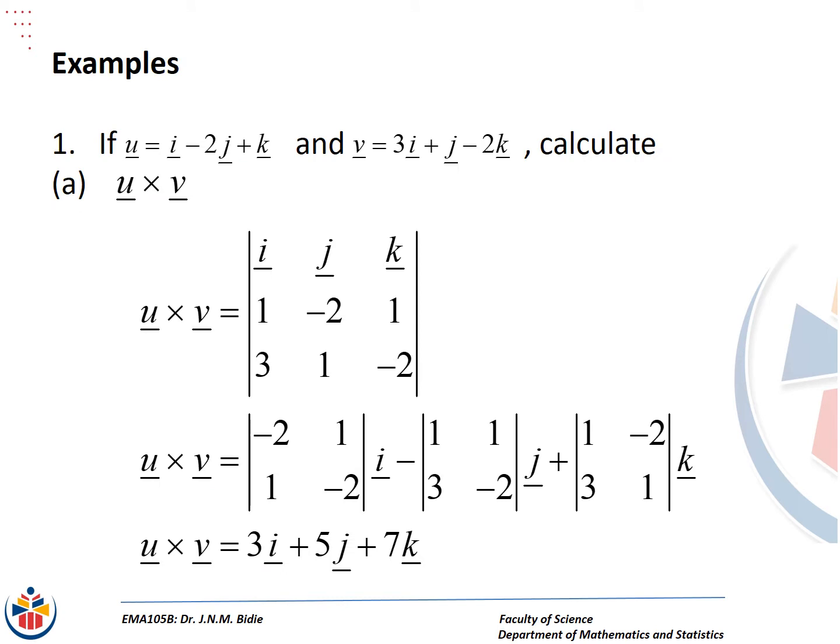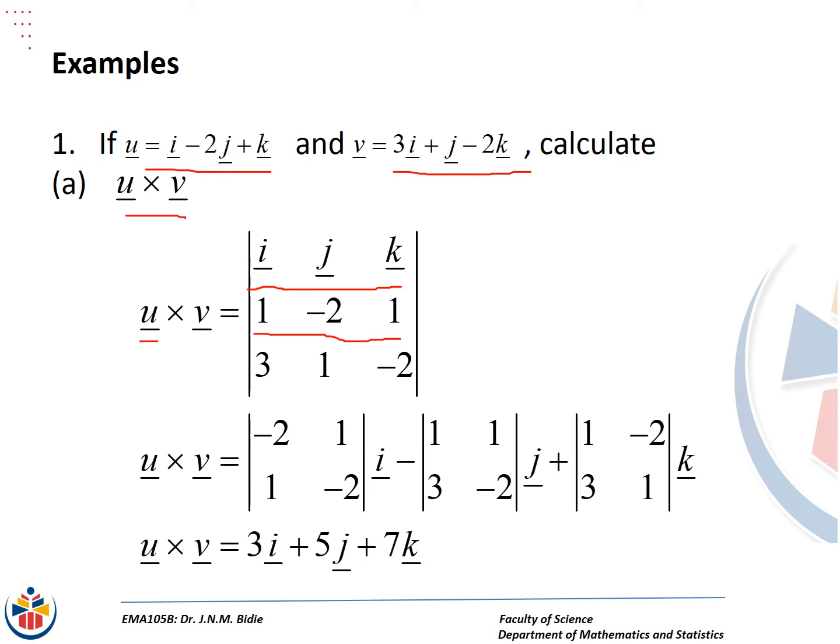Now let's find the cross product of u and v, given that u is i minus 2j plus k and v is 3i plus j minus 2k. Once again, recall the first row of that determinant is always the unit vectors i, j, and k, and then the components of the first vector go into the second row, and the components of the last vector go into the third row.